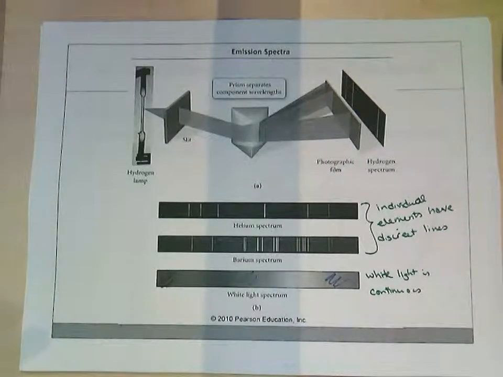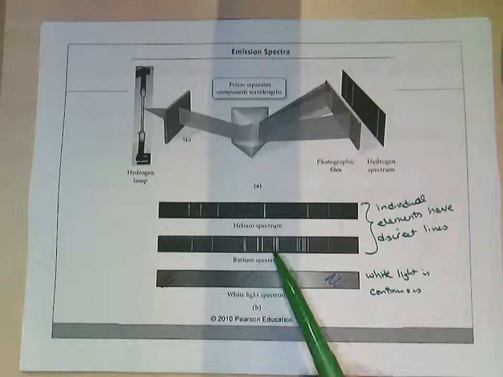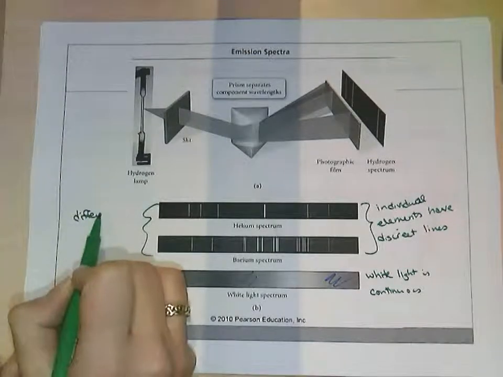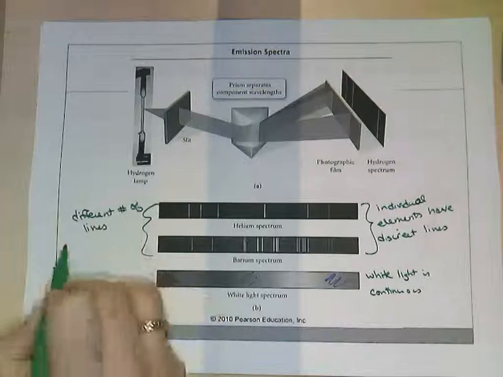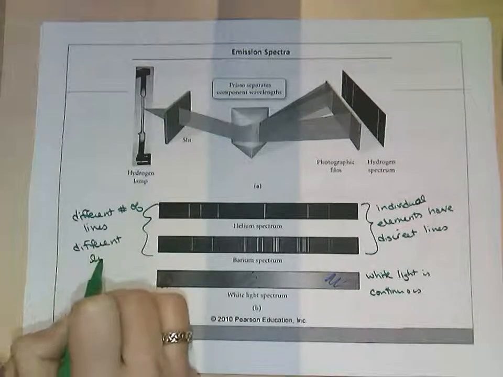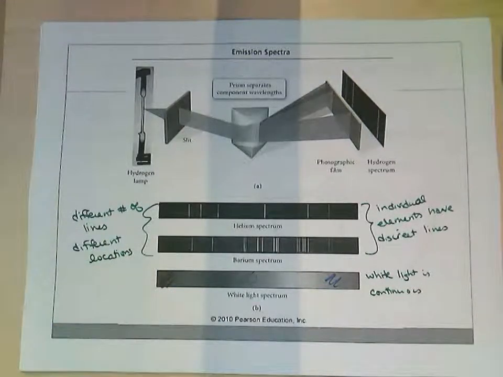And so we can tell, one, that helium is different than barium because they have a different number of lines, and the lines are in different locations. So I can tell helium apart from barium using this method.